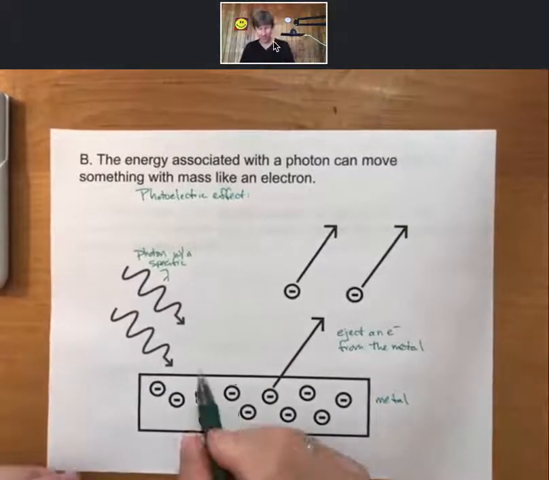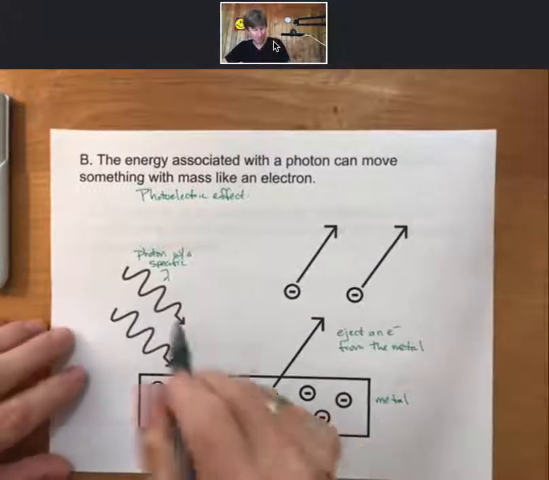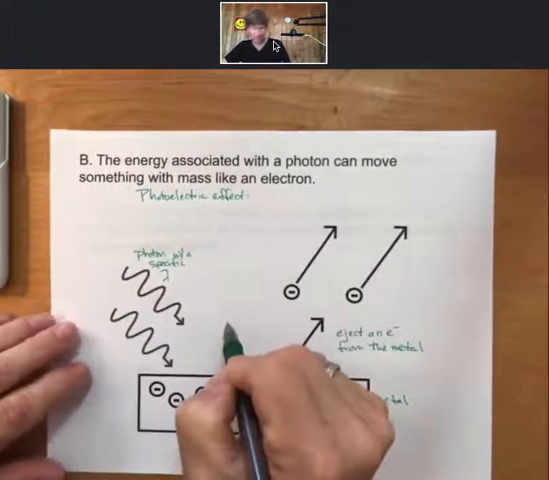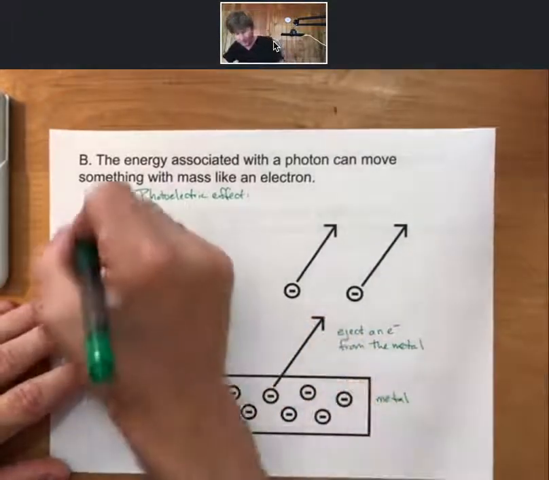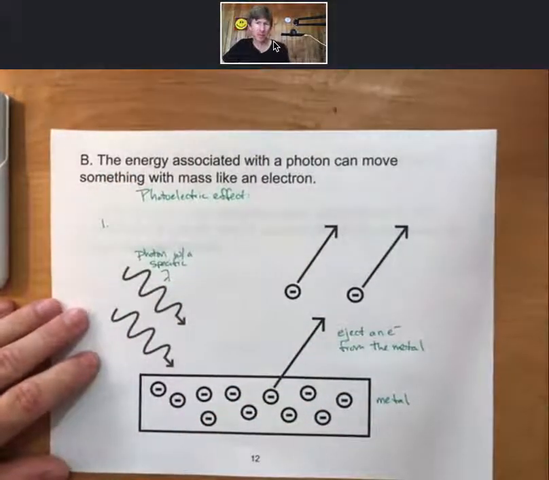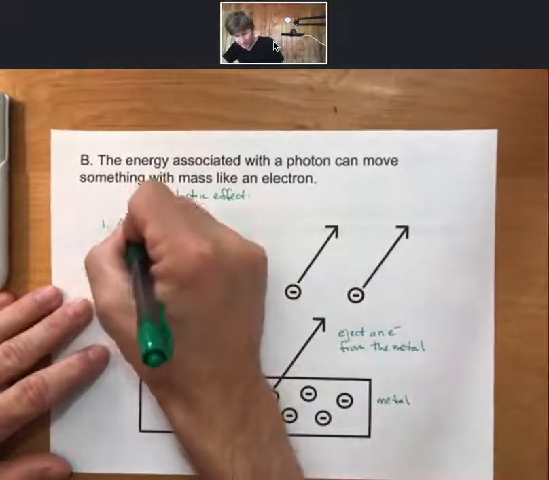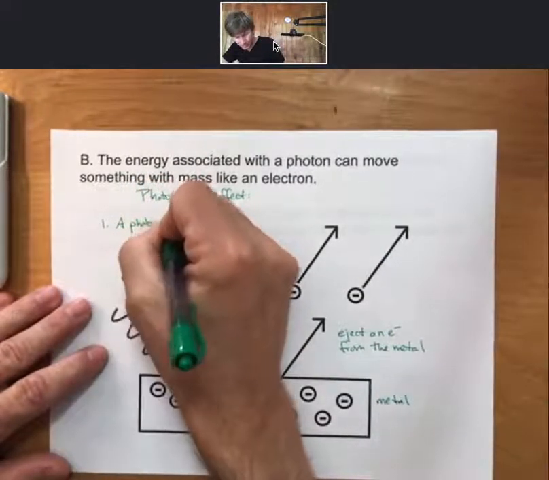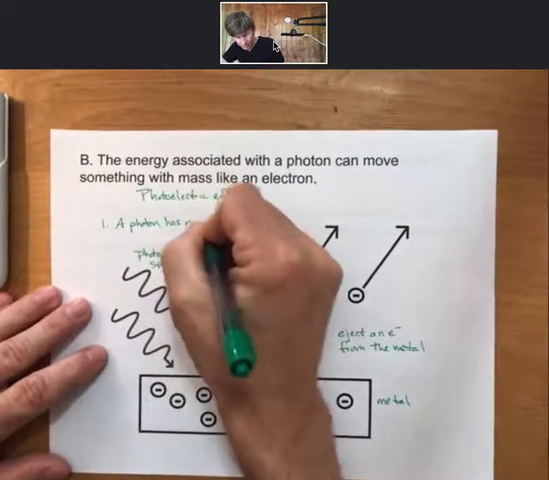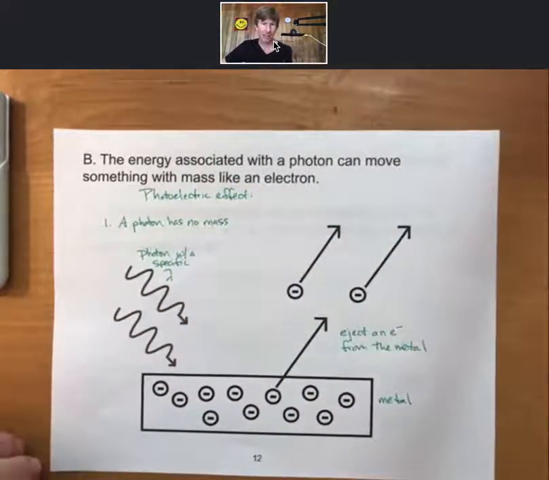And a couple things about this. So the photoelectric effect is this picture here. Next, and we'll call this 1, we'll put it right there. A photon has no mass, yet it can push something.